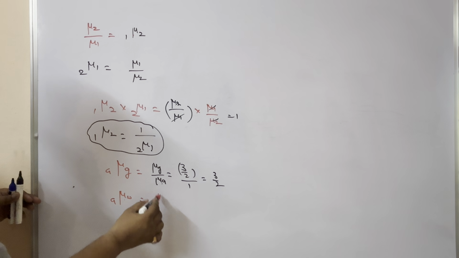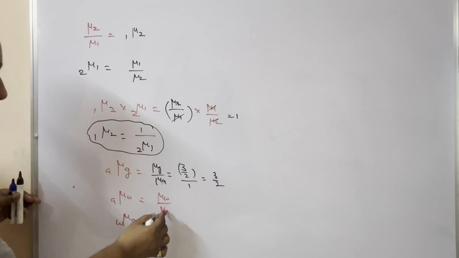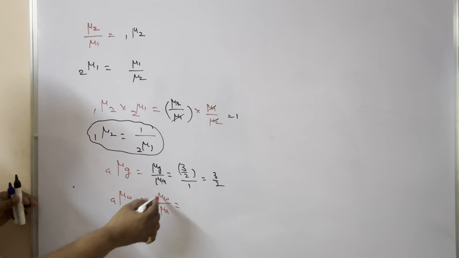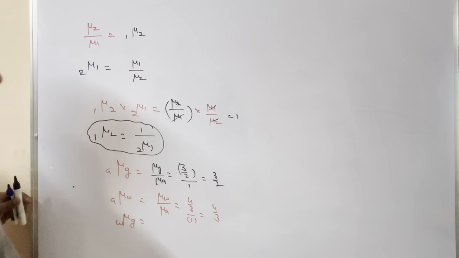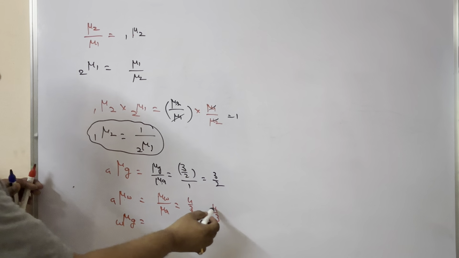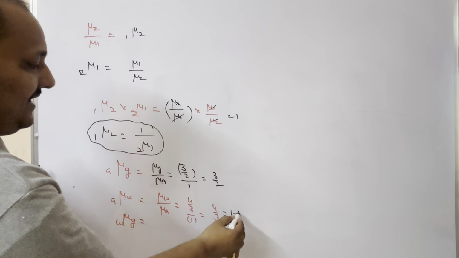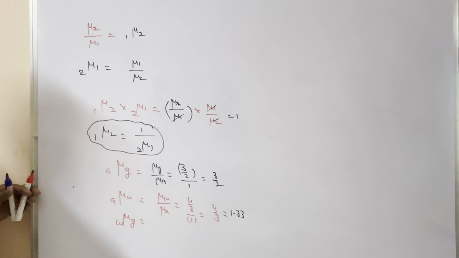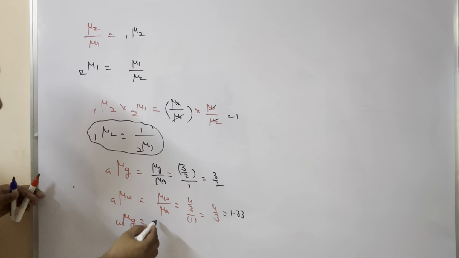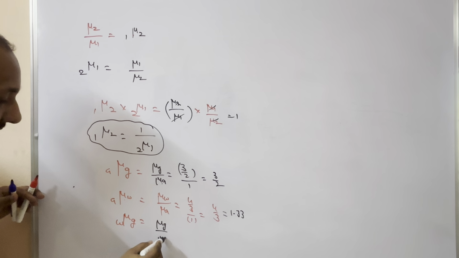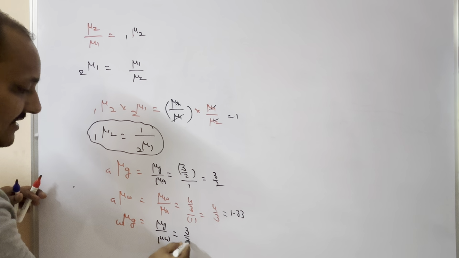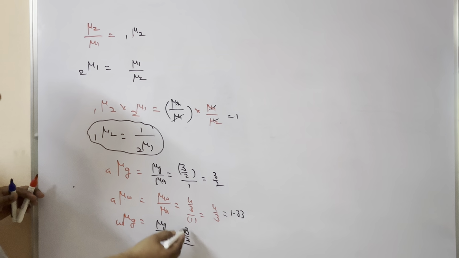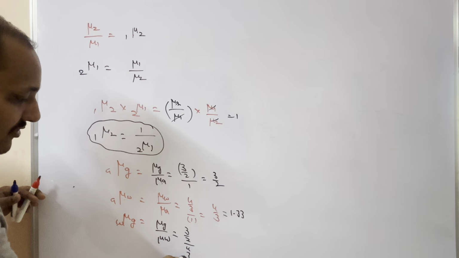Refractive index of water with respect to air, mu w by mu a. Correct? Refractive index of water, 4 by 3 by 1. So, 4 by 3 means 1.33. Next, refractive index of glass with respect to water, mu g by mu w. Refractive index of glass, how much means 3 by 2. Refractive index of water, how much means 4 by 3.